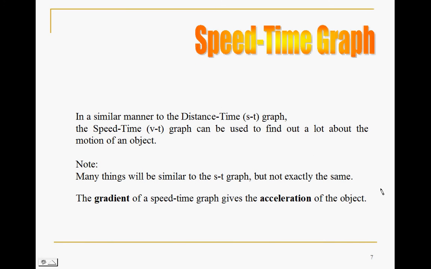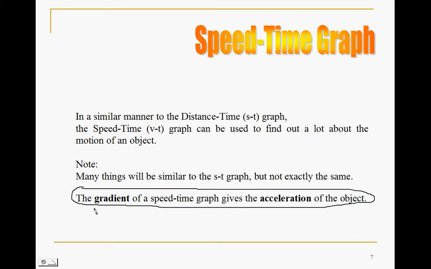Right, we're going to look at the speed time graph. The speed time graph has a very close relationship with the acceleration of the object. Essentially, this is a very important fundamental concept: the gradient of a speed time graph gives the acceleration of the object.